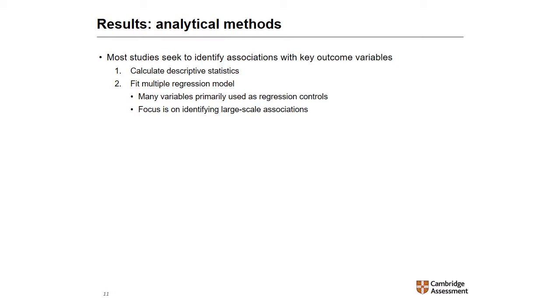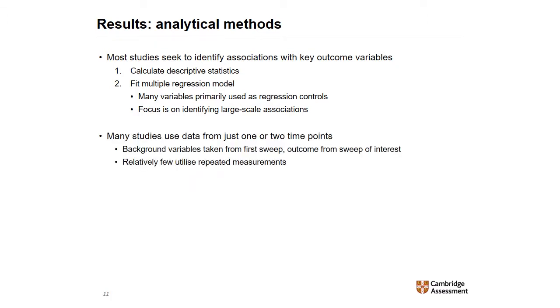So people will calculate descriptive statistics and then fit a multiple regression model or a series of regression models to account for various background factors at the same time. What this means is that many of the survey variables are mostly used as controls in regressions, and the focus of the studies is on identifying fairly large-scale associations. So this is quite similar to the way we would analyse a big administrative dataset, for example.